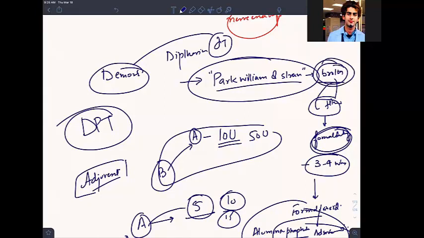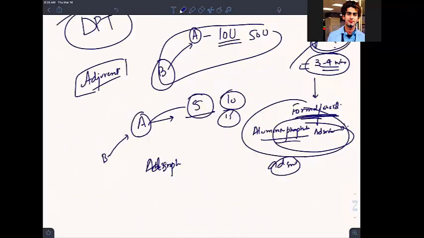To that filtrate, add formaldehyde. After waiting for 3 to 4 weeks, you get formol toxoid. Now we adsorb it on aluminium phosphate, which acts as an adjuvant. Easy? Understood the concept or not?